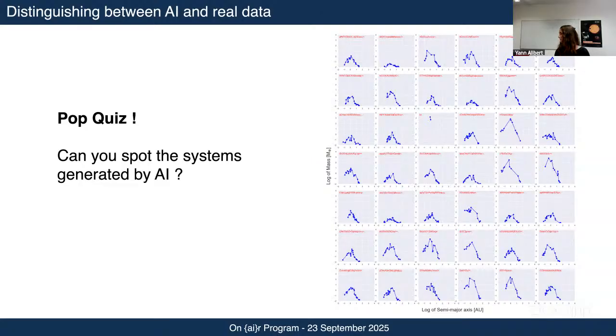Half are from AI and the other half are real ones. There are ones with a more pronounced slope. Yeah, more pronounced slope. Could you say the row or the column, just to give us an intuition? More sparse, homogeneous data equals synthetic.